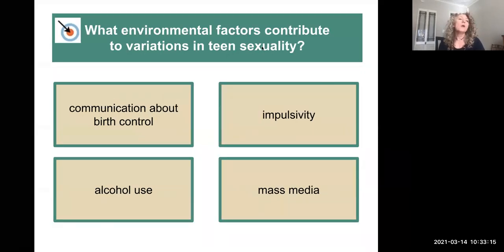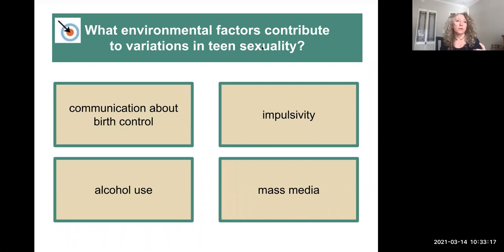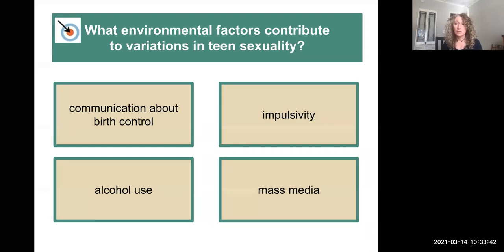One of the things that they talk about, there's a lot of discussion in this particular module that we just do not have time to go through, but it is important for you to look through it. It looks at some of the environmental factors that determine whether someone is more likely to become sexually active or not. Some of these factors are whether there's been communication about birth control, the level of alcohol use among the teen, the level of impulsivity, and exposure to mass media.